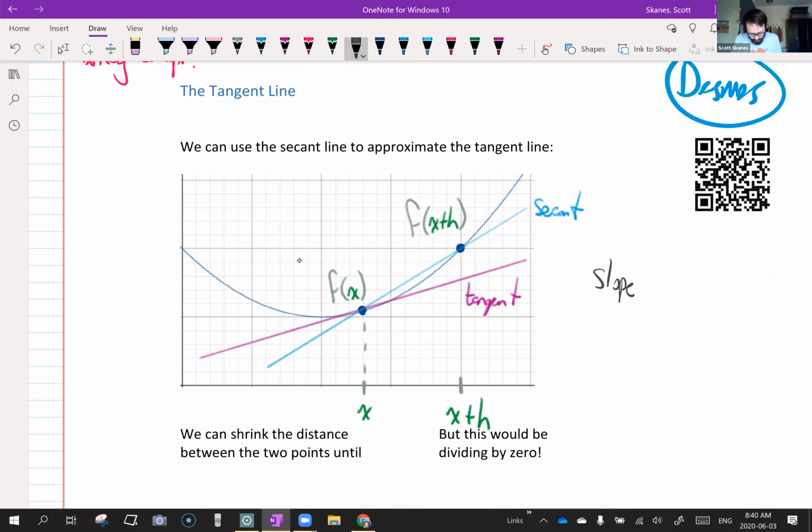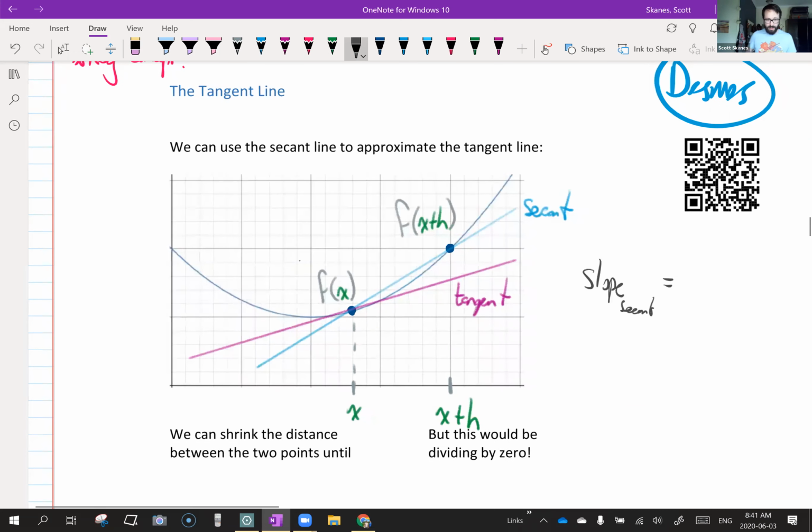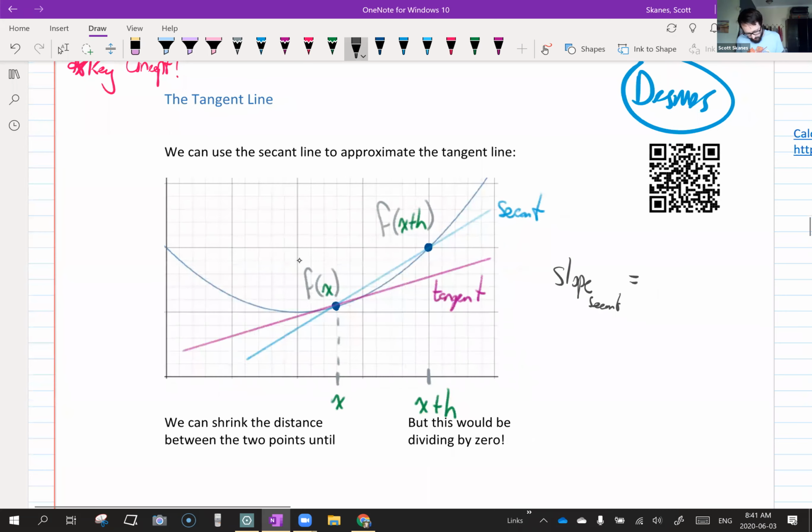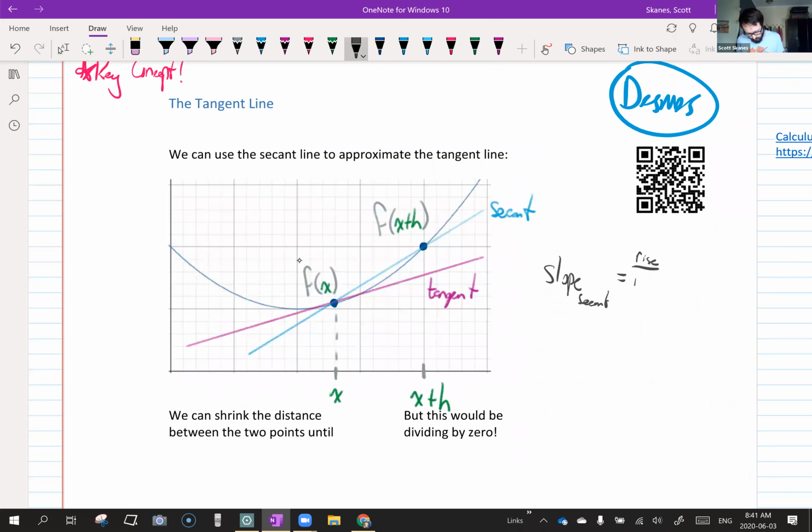So what's the slope of the secant line? The slope of the secant line right now would be rise over run. And what's the rise here? Just bear with me for a second, I'm getting somewhere. If I compare the lines, this would be f of x plus h.